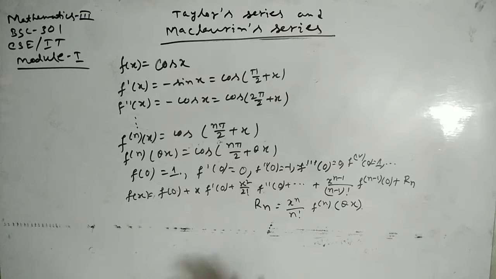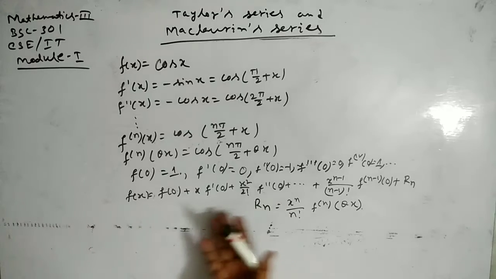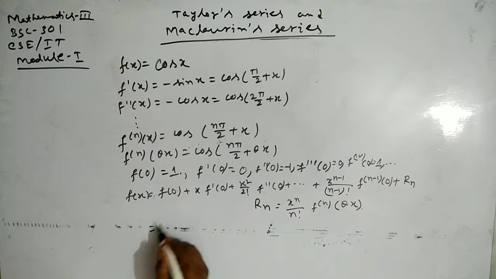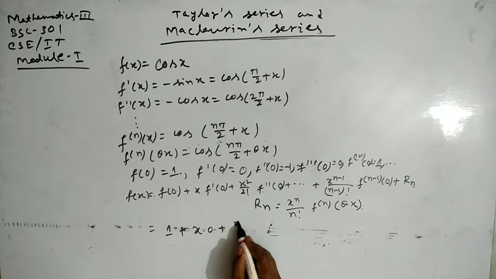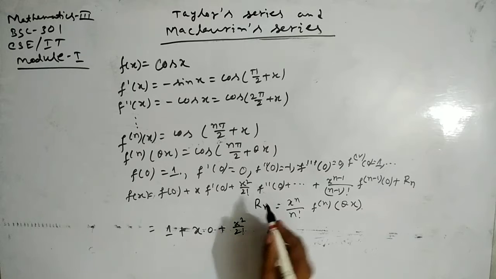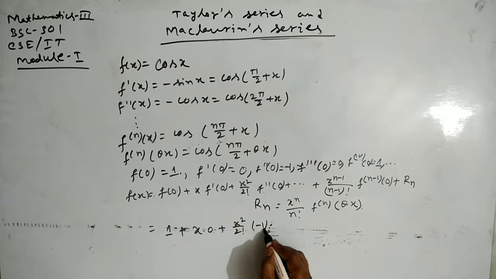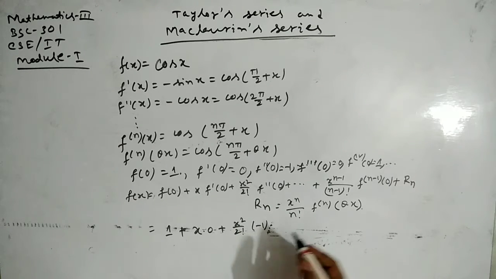Okay, now we just have to put the values, and we have all the values present in this series. So f 0 equal to 1, f dash 0 equal to 0, x square by 2 factorial f double dash 0 is minus 1. So in this way, I write some more terms.